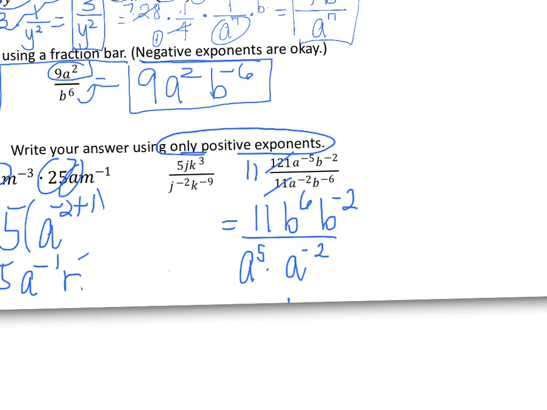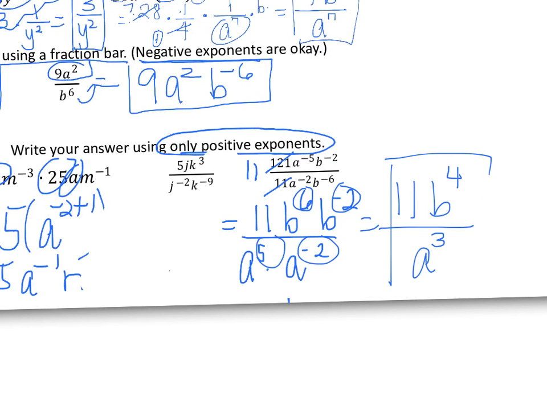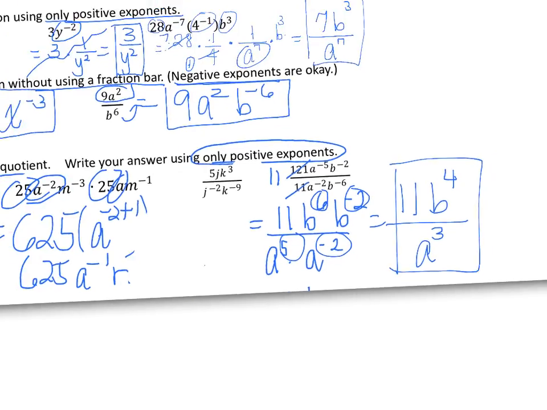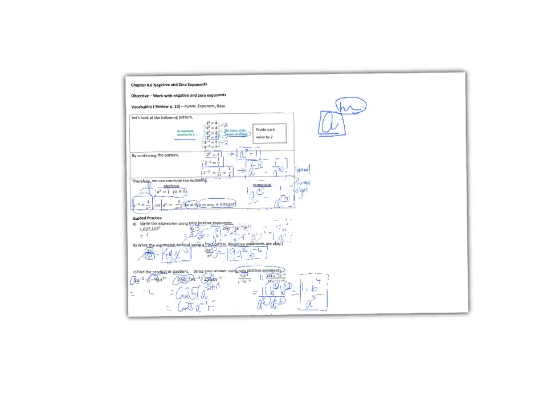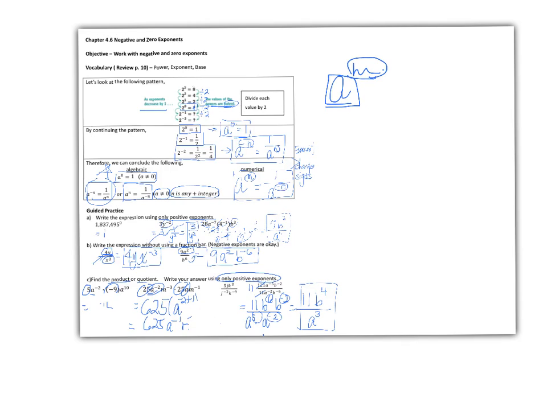And let's use our product property. 6 plus -2 is positive 4. 5 plus -2 is positive 3. Okay. And that's it. And that completes our lesson for 4.6.